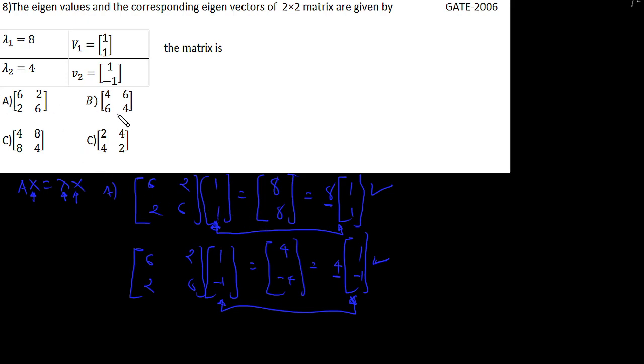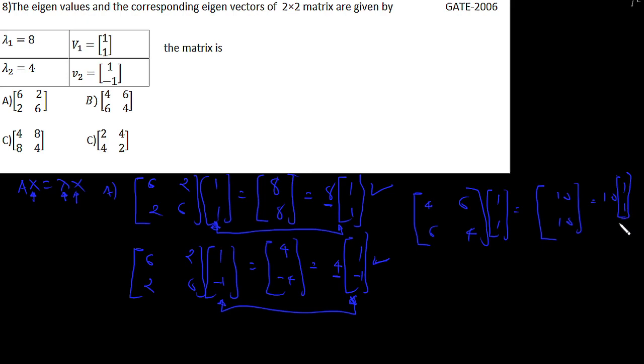So option A seems to be the correct one, but let's check option B. It must not satisfy this condition, otherwise two options are correct. Let's use the first eigenvector and do the multiplication. You get 10 and 10. You can take 10 out and get 1 1.